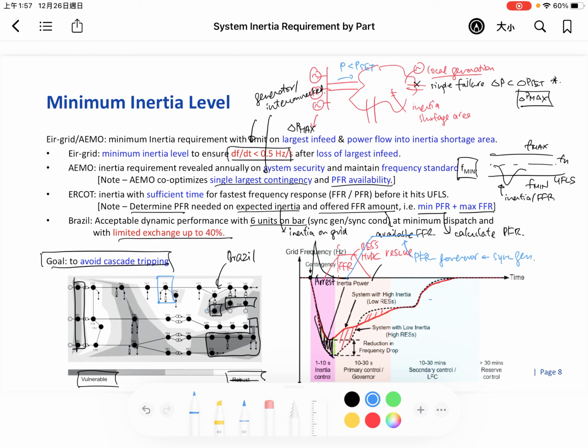This is our goal, and what we worry about, and what other utilities would do to administratively limit the grid, such that the grid performance and also the stability will be ensured. So thank you for listening.